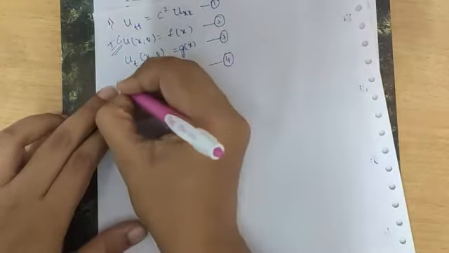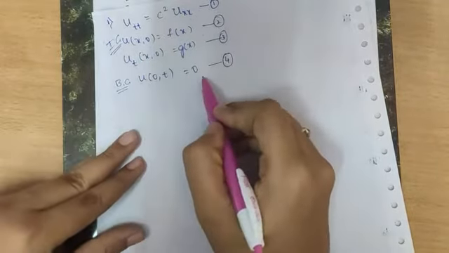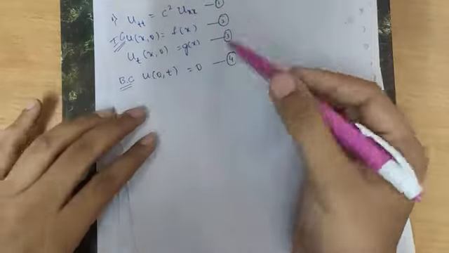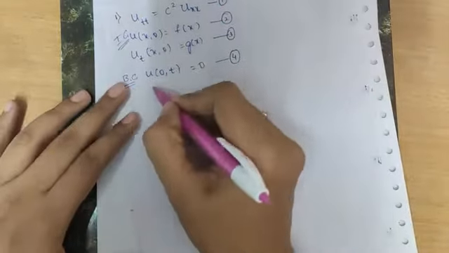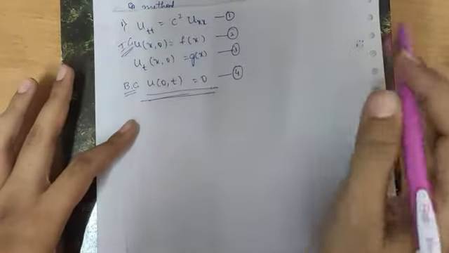Also they have given a boundary condition, that is u of 0 comma t is equal to 0. This is similar to the previous problem itself, but one more thing added here is the boundary condition, which is extra in this problem.